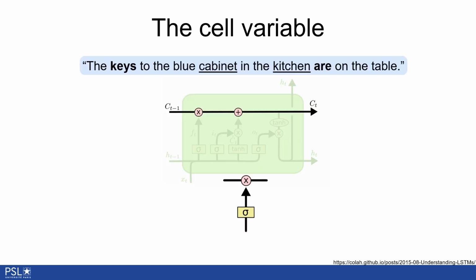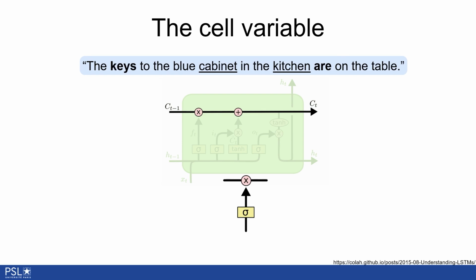To predict the correct form of the verb are, the network would therefore need to store the grammatical number of keys, plural, for several time steps throughout the subject-verb dependency, and to ignore interfering nouns that might appear in the middle. The cell variable of an LSTM network enables it to do precisely this kind of task.